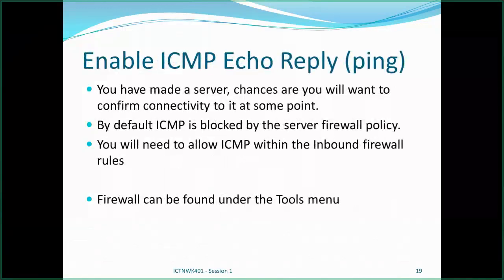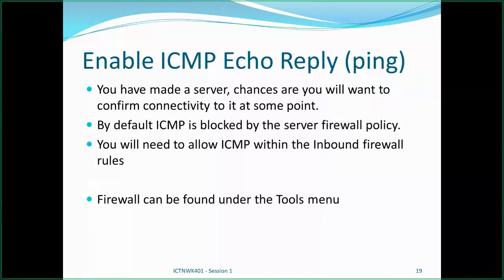Next, we want to change the default settings on the firewalls. Firewall by default will not allow echo or the ping command to function. So we need to turn on the ICMP, allow ICMP to enter through the firewall.